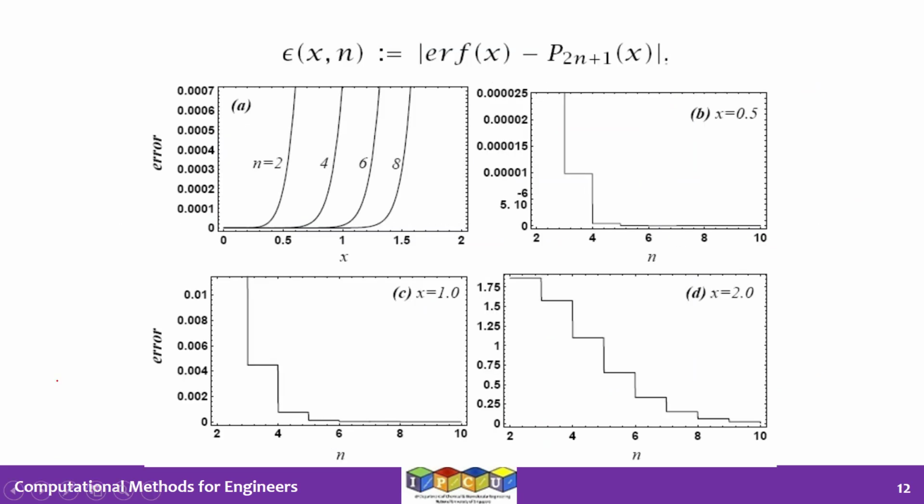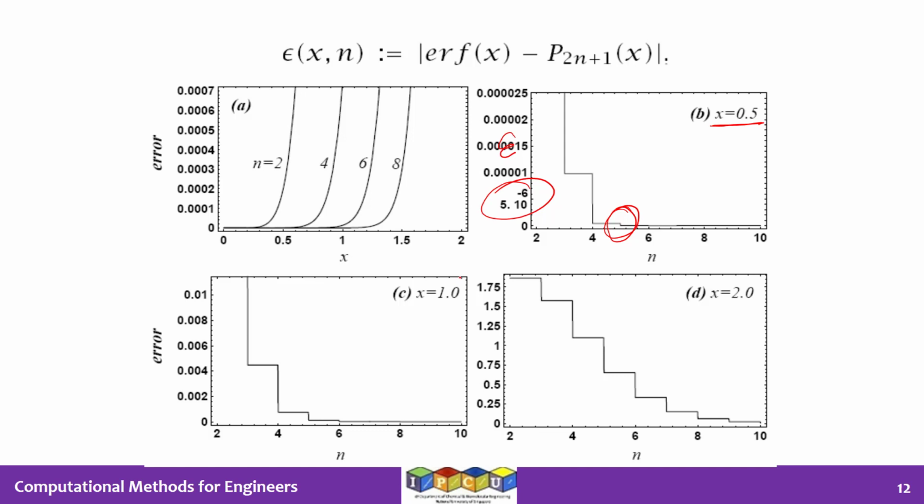So the same information is depicted in graphical form here. For example, when x is equal to 0.5, you get pretty good accuracy when n reaches a value of 5. What is shown on the vertical axis here is the error, the difference between the true value and your polynomial approximation. So the error comes to a value like 10 to the power of minus 6 or lower when n is equal to 5.